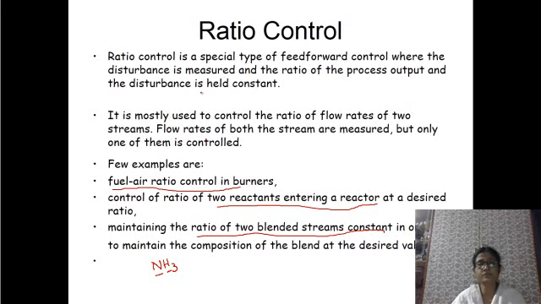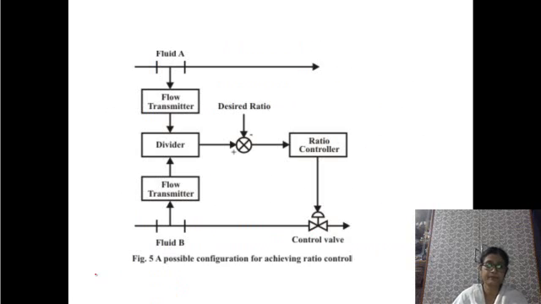It is mostly used to control the ratio of flow rates of two streams, like this nitrogen and hydrogen flow paths. The flow rates of both streams are measured, but only one of them is controlled. Please keep in mind that two flow rates should be measured, but one of them is controlled and the other is uncontrolled, which is called the wild stream.